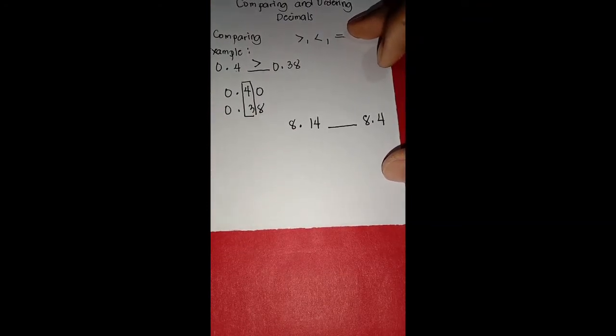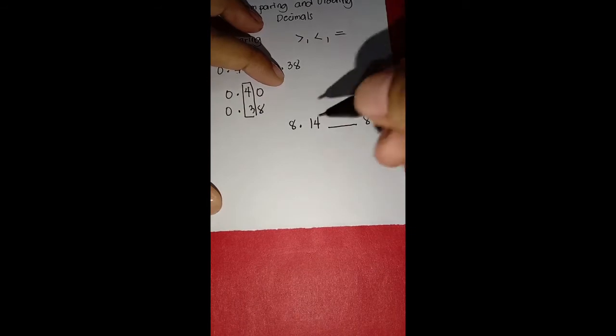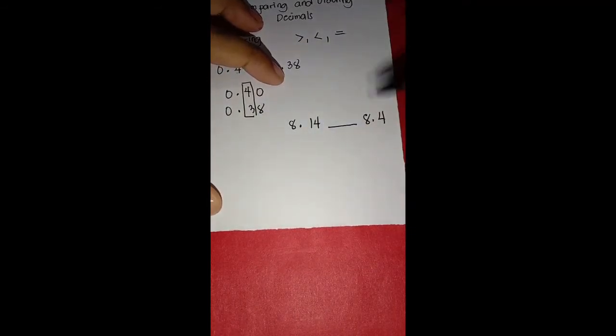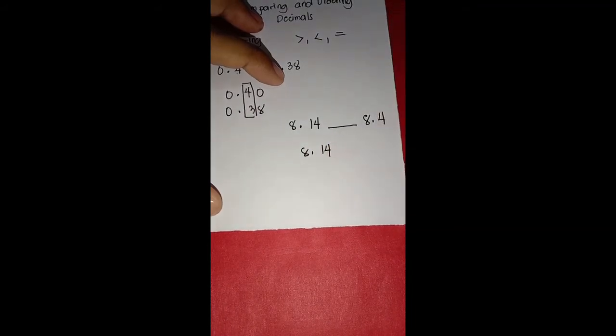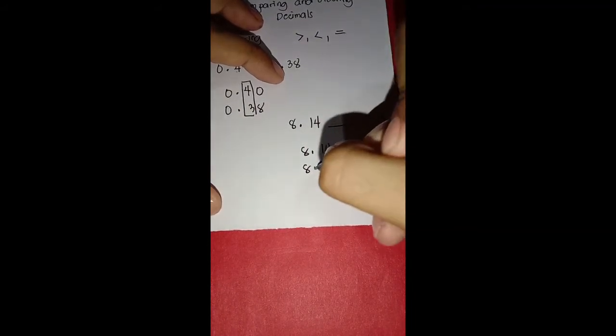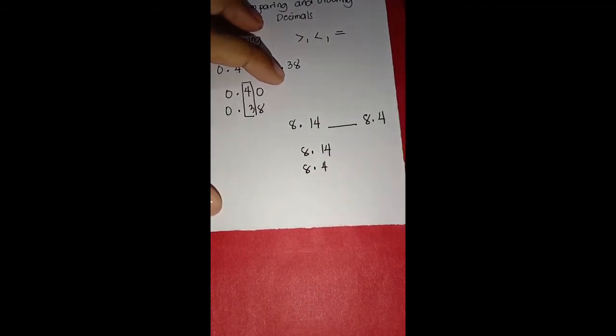So, 8 and 14 hundredths compared by 8 and 4 tenths. We will rewrite them so they have the same place value. So, if we rewrite the decimals, meron tayong dito 8 and 14 hundredths, and we have here 8 and 4 tenths. So, maglalagay lang tayo ng 0. And then, i-compare na natin sila.